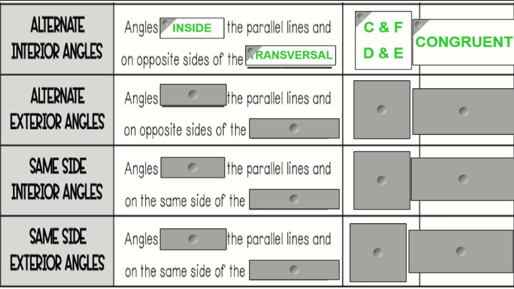Then alternate exterior angles. What are exterior ones then? Outside. So they're outside the parallel lines, and they're still going to be on opposite sides of the transversal.